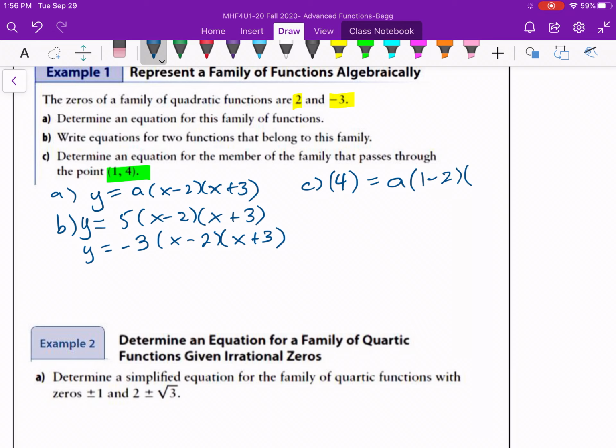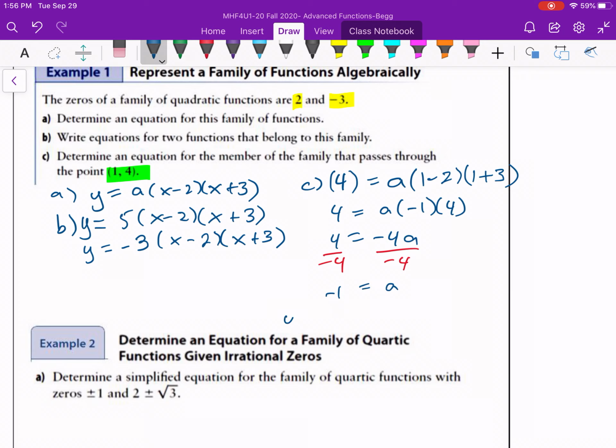And I just have to be aware of that when I simplify things. So it turns out I've got a negative 4 in front of the a this time. When I divide it out, a turns out to be negative 1.